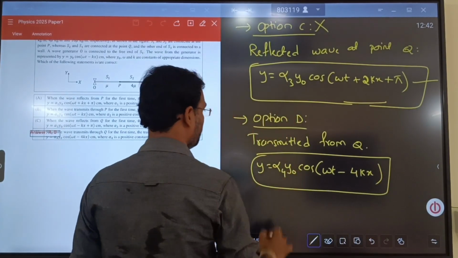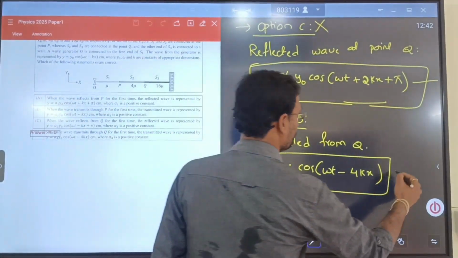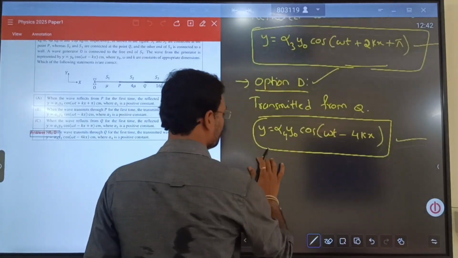Actually this is the correct answer, and it is exactly matching properly. So option D is also correct.